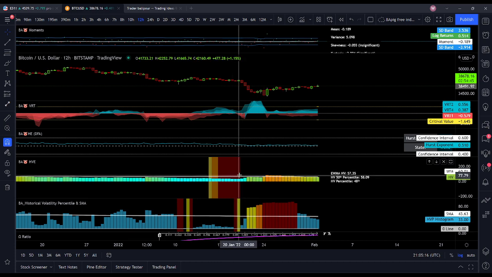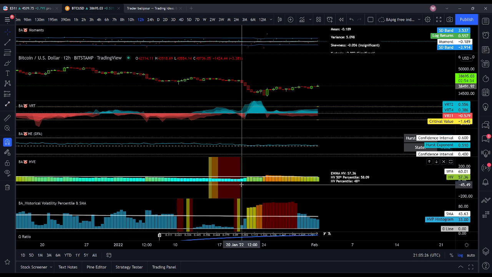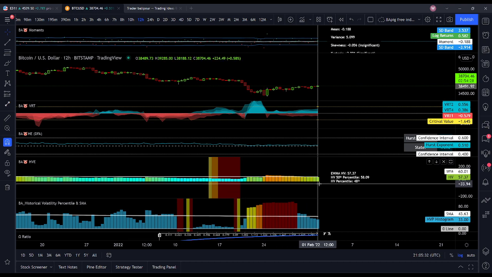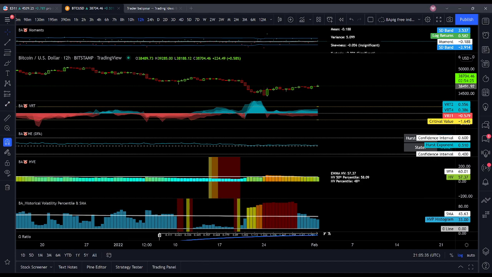Excuse my language, but you're going to see a volatility expansion, and looking at the VRT, we're in a state of trend, and ultimately in a period of market inefficiency.